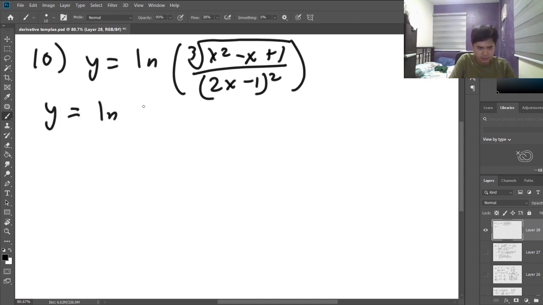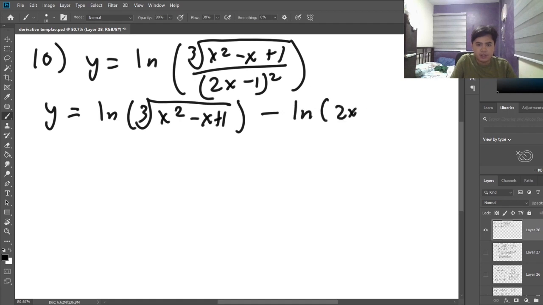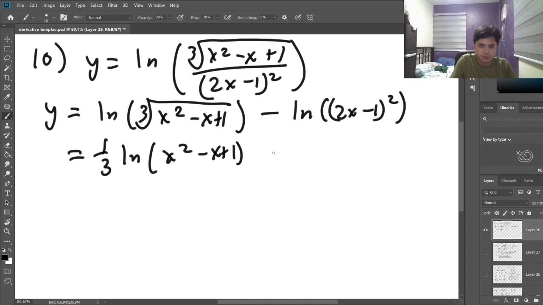So ln of the cube root of x squared minus x plus 1, and then minus ln of 2x minus 1 squared. The cube root is equivalent to the power 1/3, so we can put it outside. 1/3 ln of x squared minus x plus 1 minus 2 times ln of 2x minus 1.